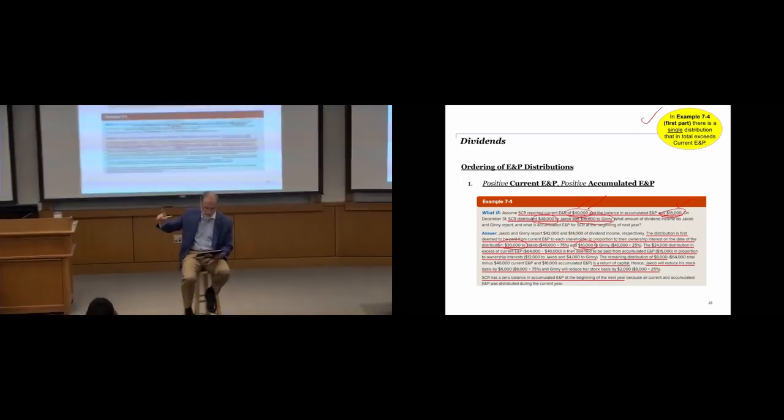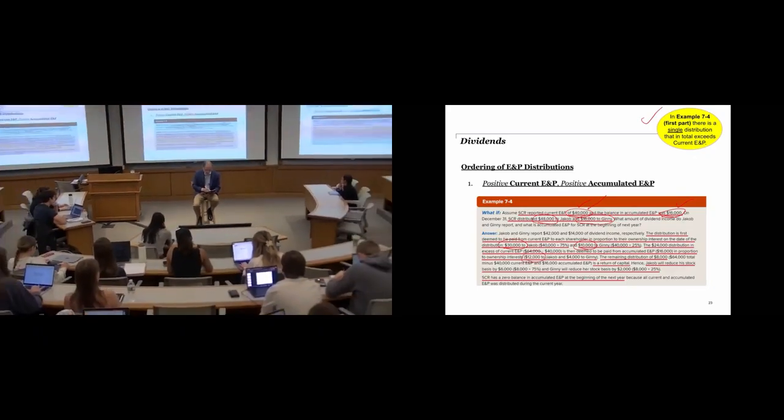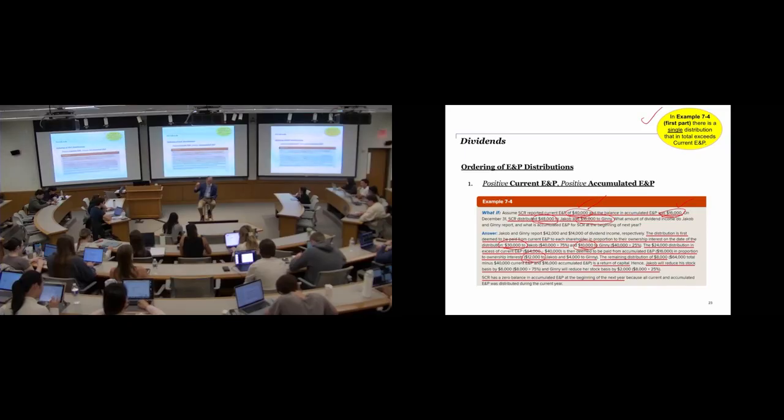That comes from accumulated E&P in that same proportionate ownership interest. So 12,000 to Jacob, that's 75% of the 24, and 4,000 is 25% of the 24. The 24 distribution in excess of current E&P is paid from accumulated E&P, which, sorry, is only 16,000.